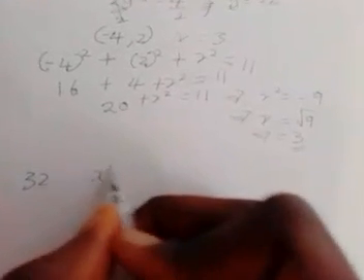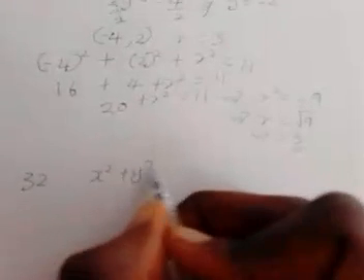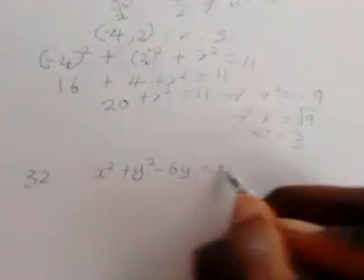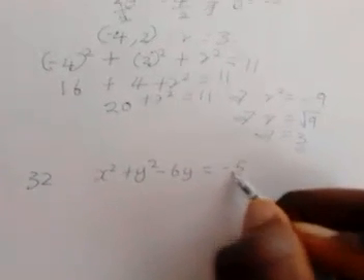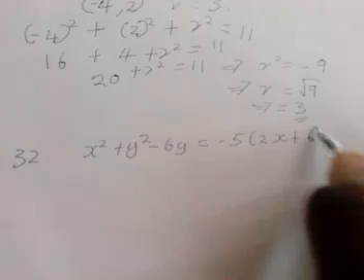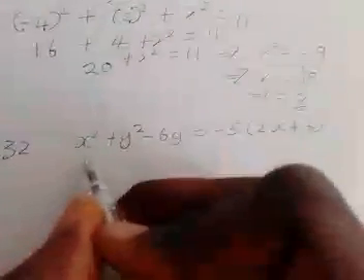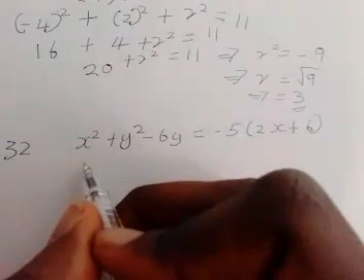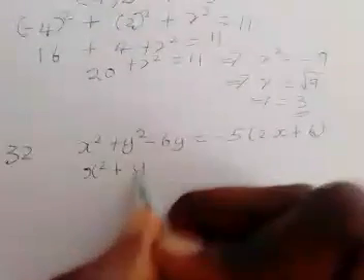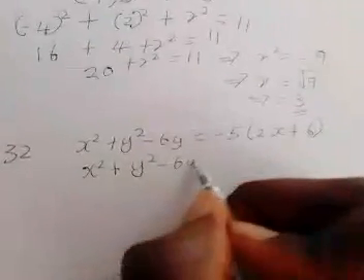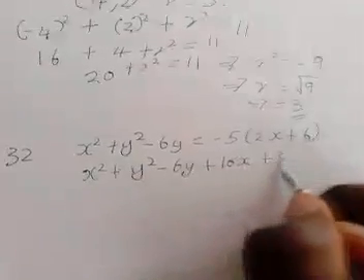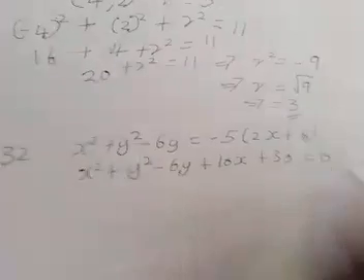It's x squared plus y squared minus 6y equals minus 5 brackets 2x plus 6. So I'm going to expand that and collect like terms. I'm going to have x squared plus y squared minus 6y plus 10x plus 30 equals 0.